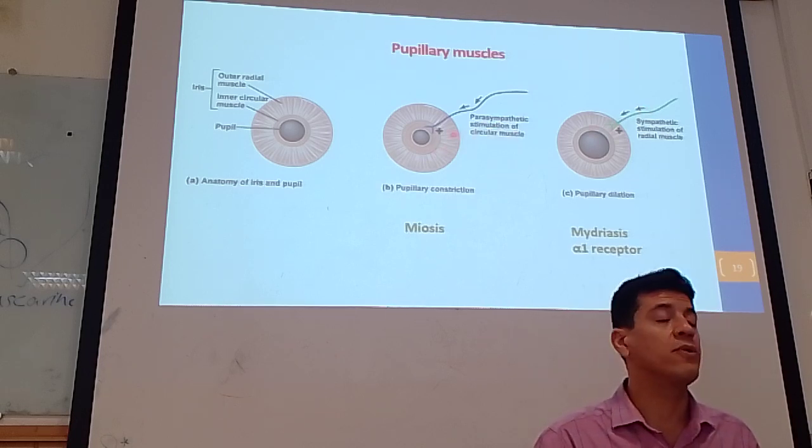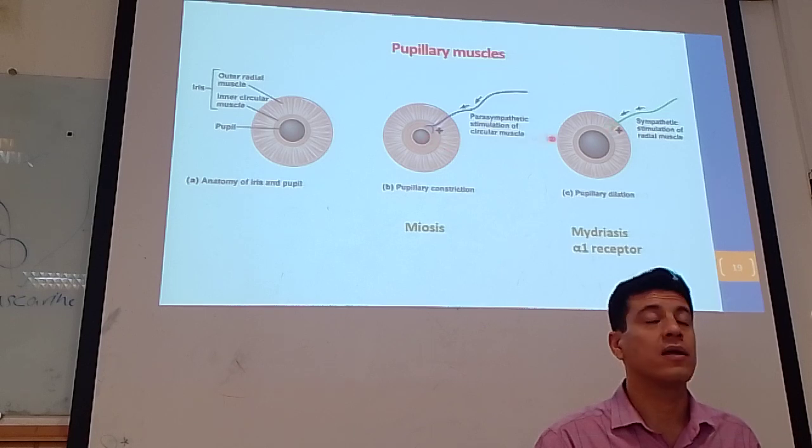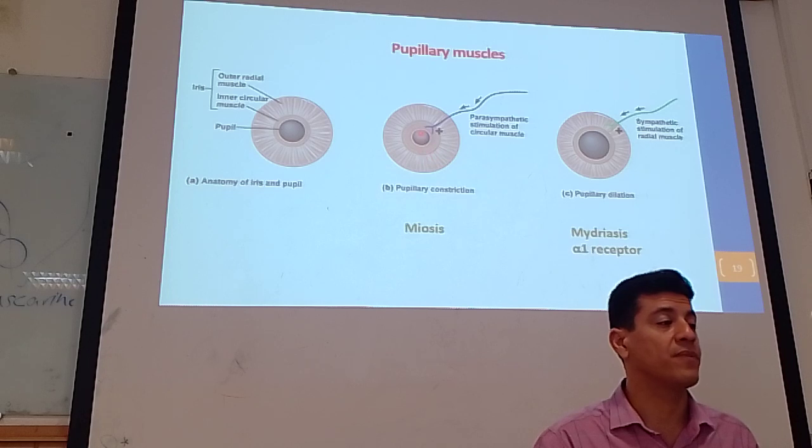So both of them are excitatory here. Acetylcholine released here, and norepinephrine, which is released here, stimulate the muscles. But there are different innervations.